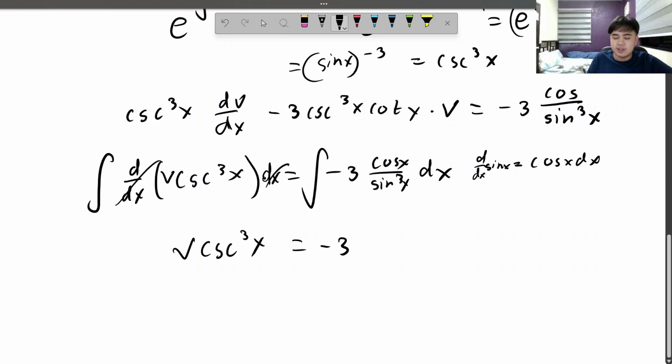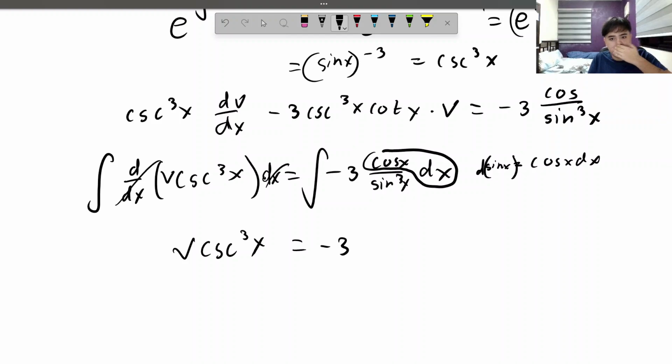Just d of sine x is cosine x dx. So whatever this is, we can think of it as the d sine x. So it's like 1 over sine cubed x d sine x.